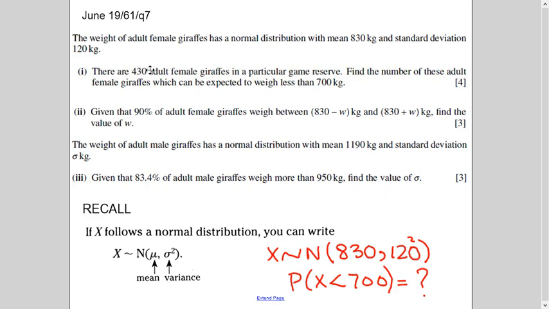And then I'll multiply it by 430 to find out that out of 430, how many have weight less than 700 kg. Now my mean is 830, my standard deviation is 120, and this is what I have to find out. So this is what question 1 is about.